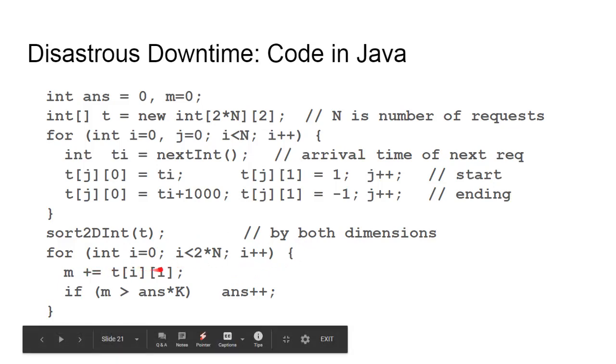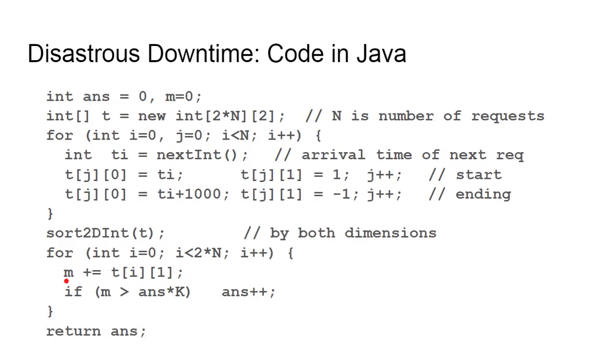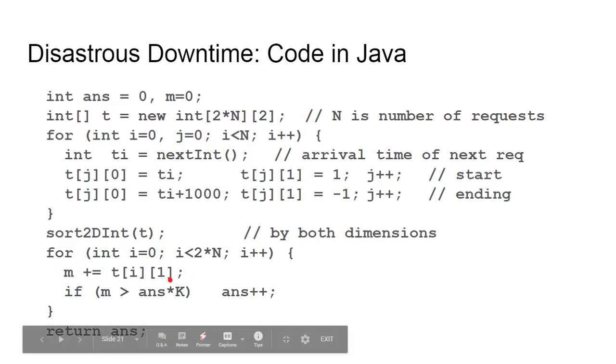After sorting, we just go through all the events, adding whether it's +1 or -1 to m, which keeps track of the number of concurrent tasks or requests. Then this just checks whether we actually need more servers.